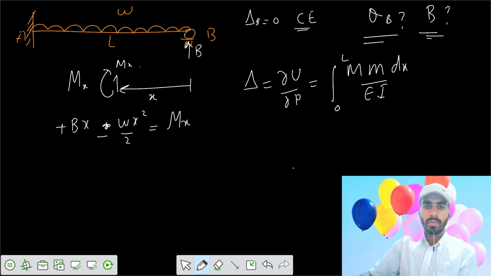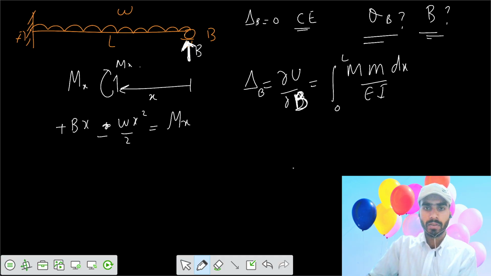If you want the value of delta at B, you have to differentiate it with a load, dou U by dou P. That load P should be acting at the point B, since already there is a reaction B acting at that point. So we have to differentiate that strain energy with respect to your reaction B.